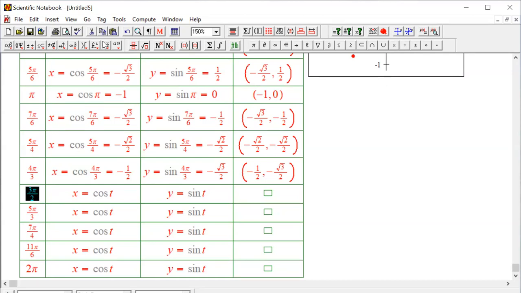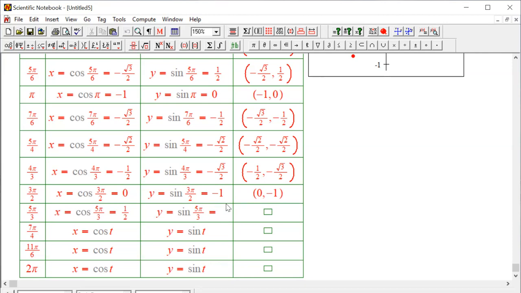And 3 pi over 2: for cosine, that's equal to 0. For sine, it equals -1. So the point is 0, -1. Then 5 pi over 3. In this quadrant, quadrant number 4, cosine is going to be positive half.